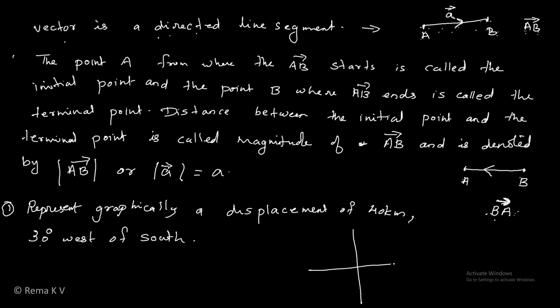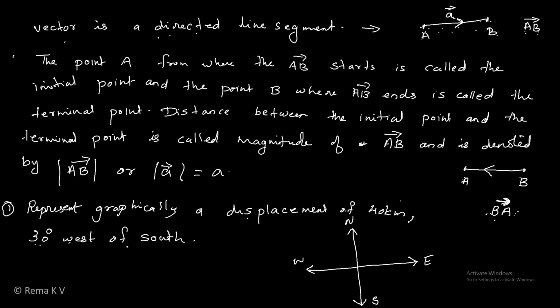See, we have to draw the directions here. So this is for east, west, north and south. And we have to represent a displacement of 40 kilometer. The distance is 40 kilometer and it is 30° west of south.